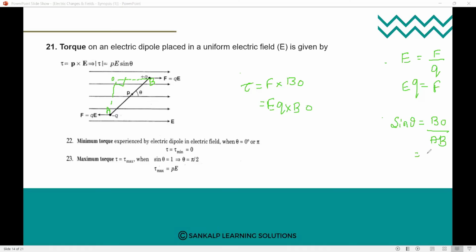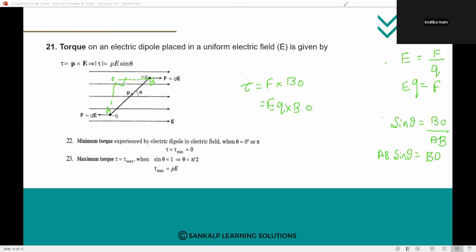So BO is equal to AB into sin theta. What is the AB value? It is nothing but the dipole length. How do we denote the dipole length?